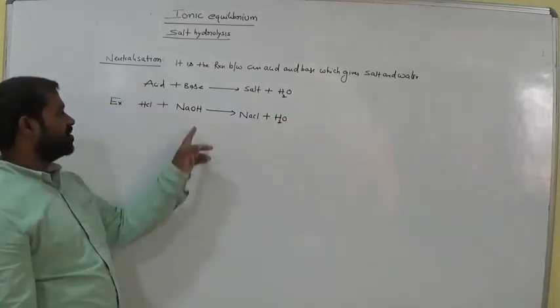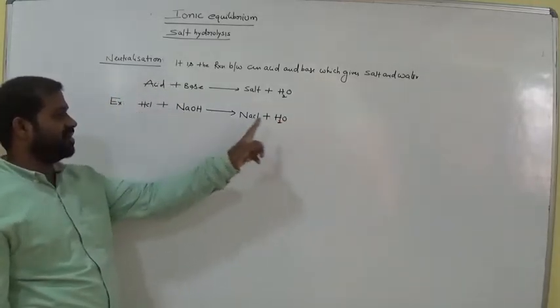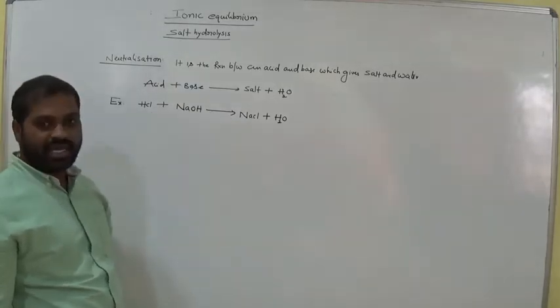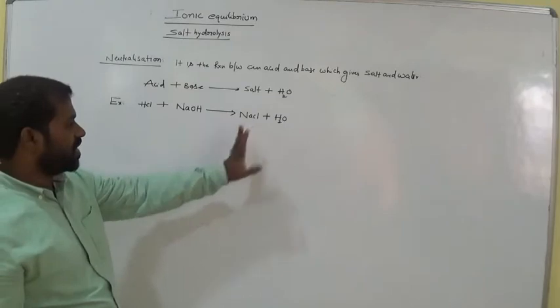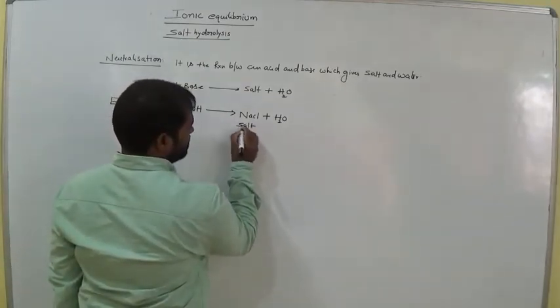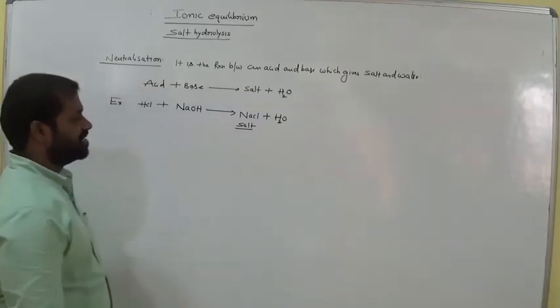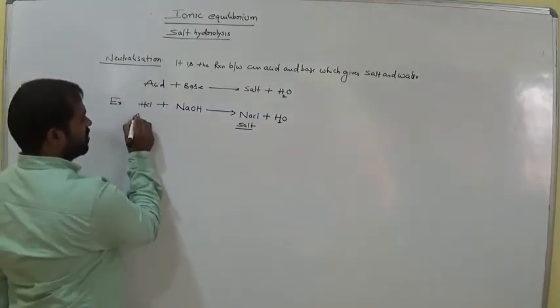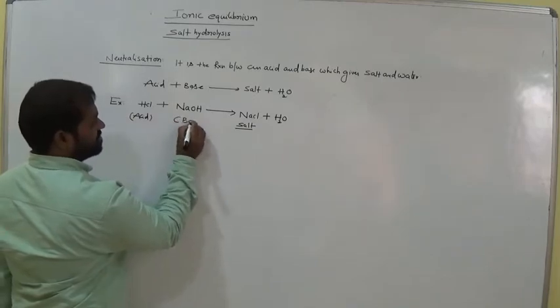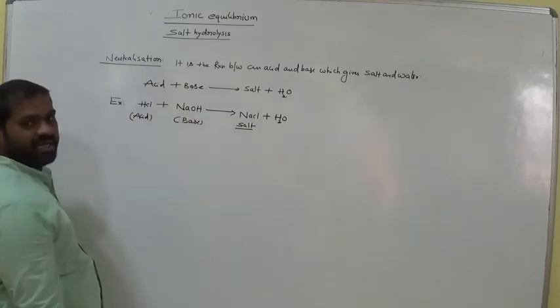Here OH and H gives H2O, and Na and Cl give NaCl. Clear? Sodium chloride is clearly a salt. This one is acid, hydrochloric acid. This one is base. Clear, all of you?